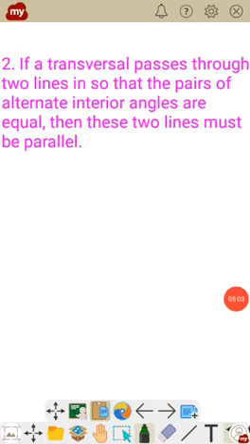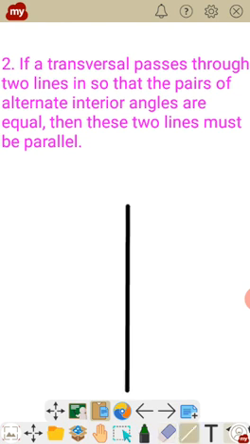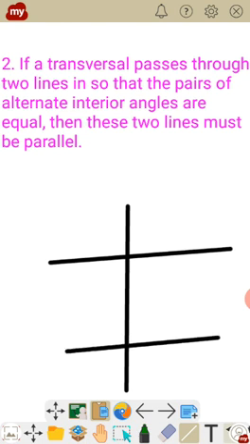Next property to check whether the given lines are parallel or not. What does it say? If a transversal passes through two lines so that the pairs of alternate interior angles are equal, then these two lines must be parallel. Means what? In this example, what does the property say?